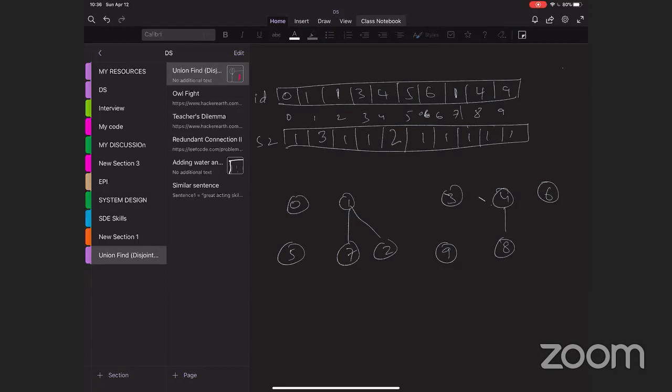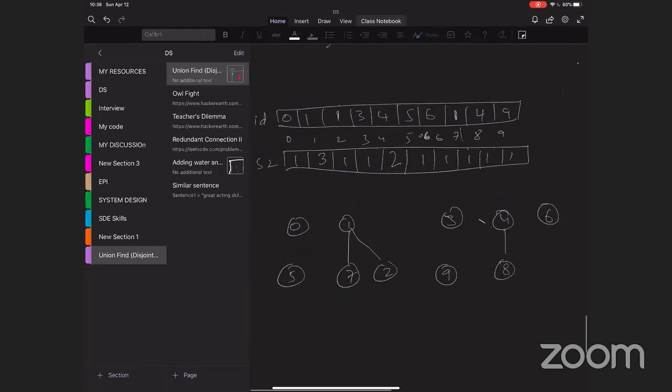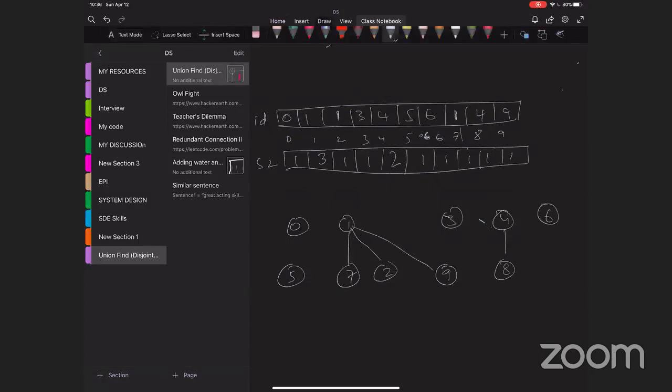But in this case, since we are using the weighted algorithm, we make 9 a child of 1, and then size of 1 becomes 4, and 9's ID would be 1, right? Okay.